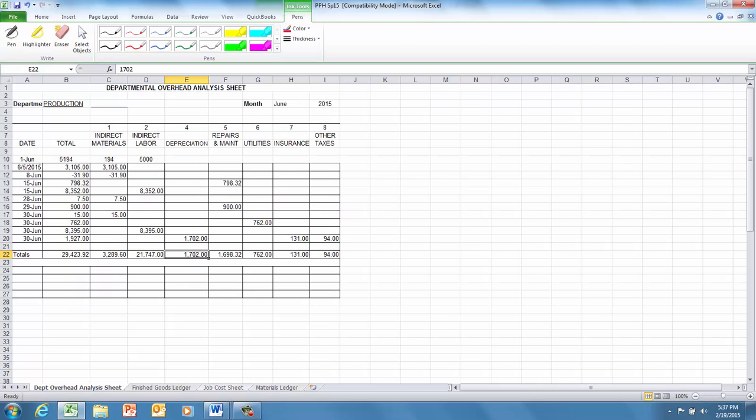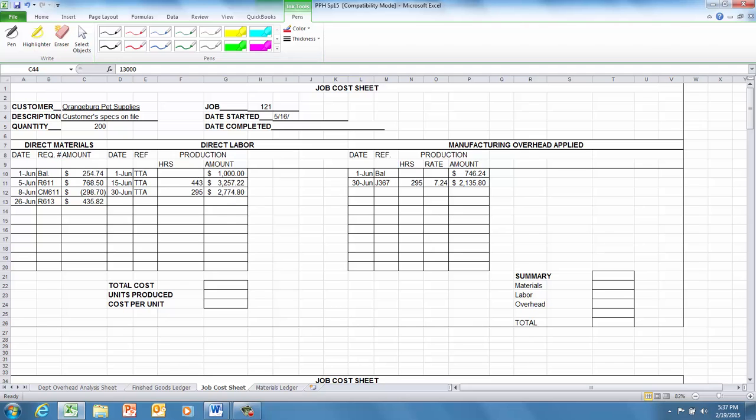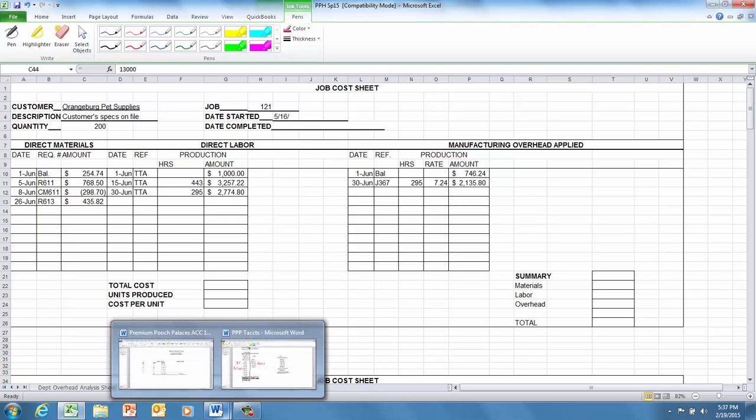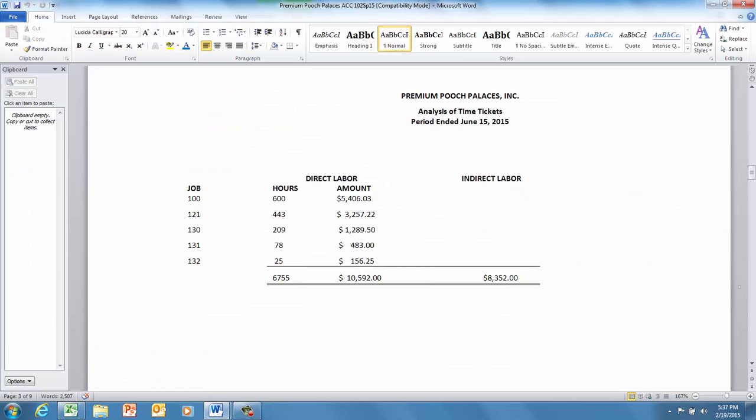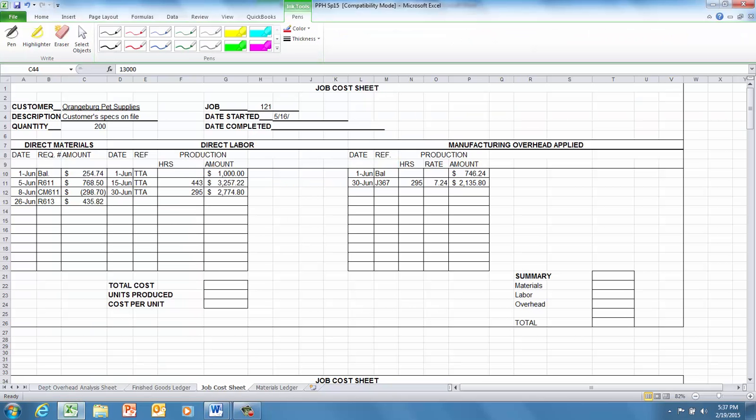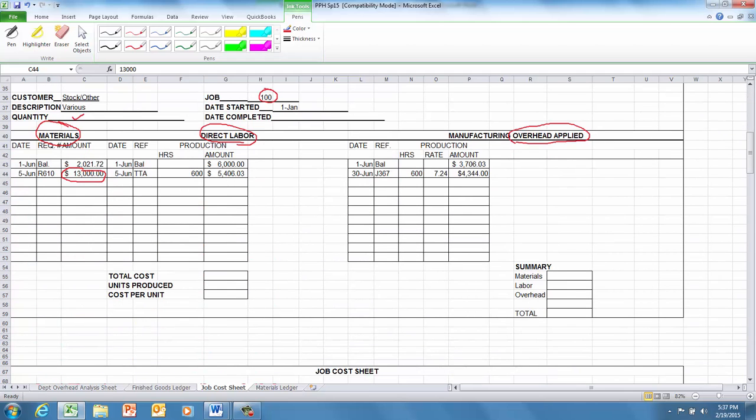So I go to my job cost sheets, and when you looked on here, it told you what job, how many hours, and what the amount was. And so that was job 100. So I go to job 100 under the direct labor section.